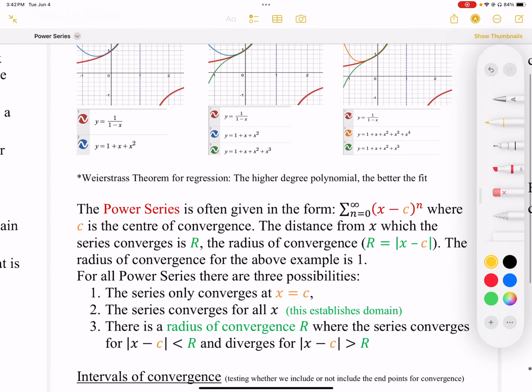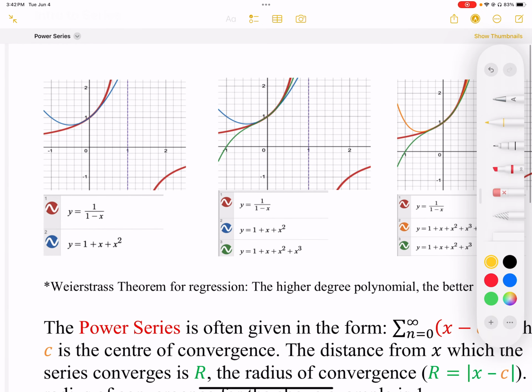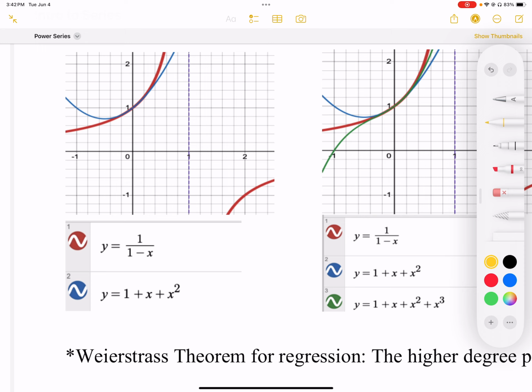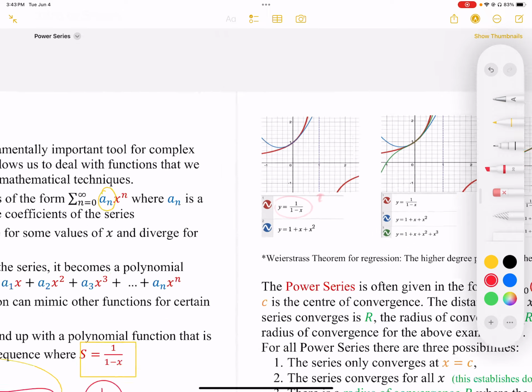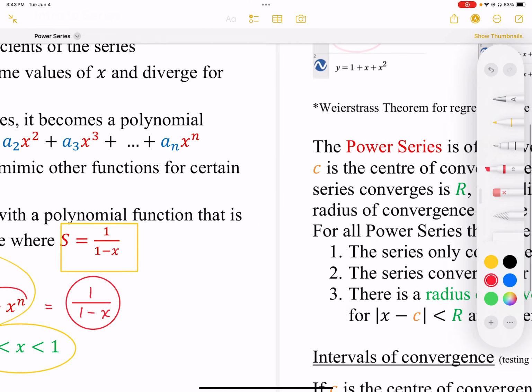So looking at the graphs, notice that in red here I have my function 1 over 1 minus x. That is the reciprocal function, and you can see my vertical asymptote here at 1. And I've given the first 3 terms of that polynomial series expansion: 1 plus x plus x squared. That just represents the first 3 terms of that polynomial expansion.